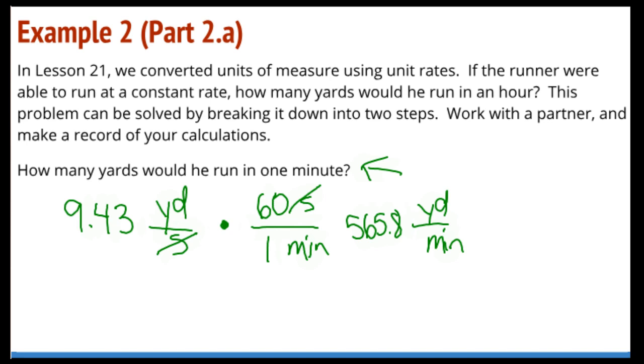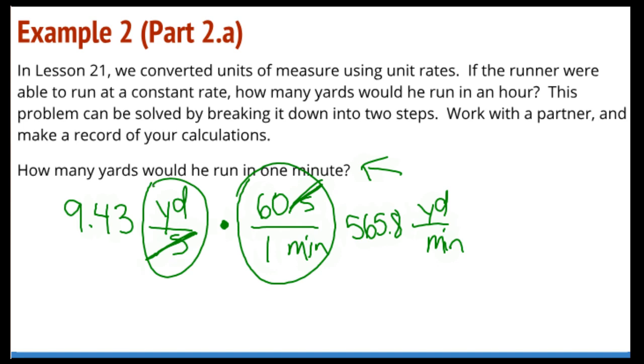8/10 yards per minute. So remembering back to lesson 21, when we were canceling out diagonally, notice that I have used now the rate of seconds to minutes to help me change this yards per second to yards per minute. Powerful stuff there.